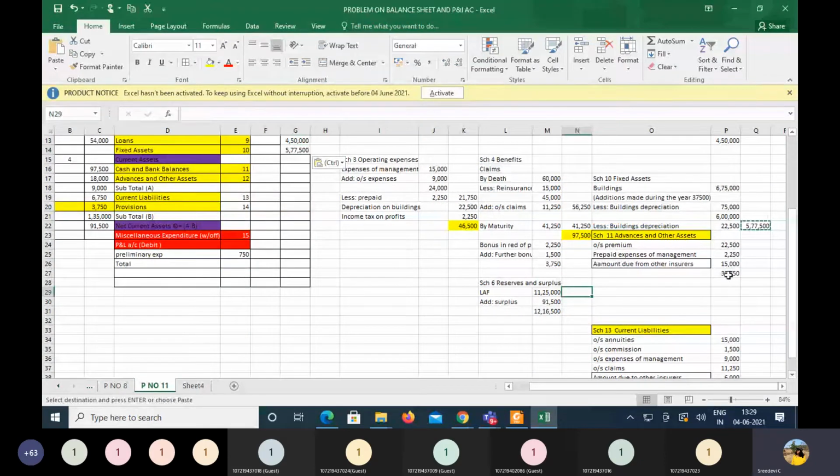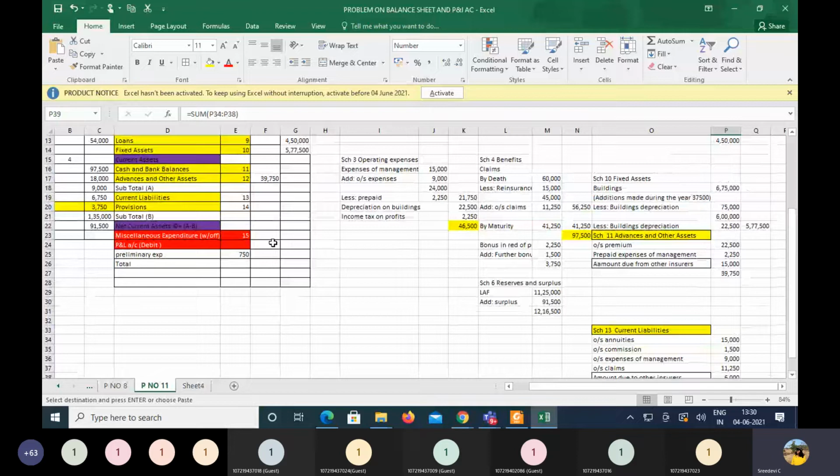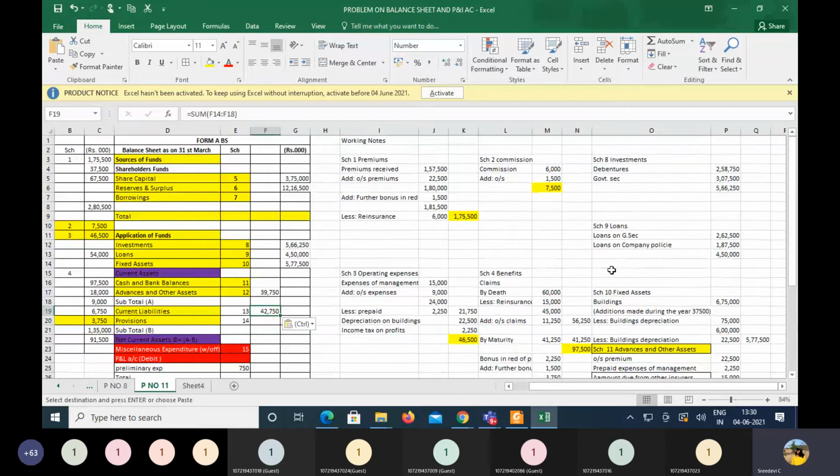So the total of the current assets is a column. There's no cash in the bank balances, so just ignore. And we have current liabilities, right? Anything else? Okay.